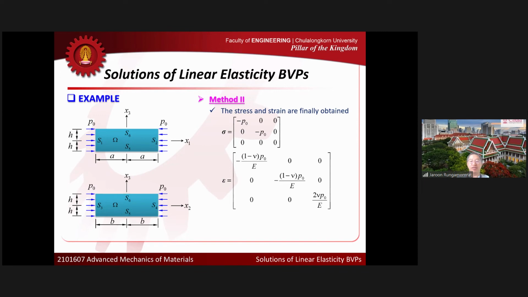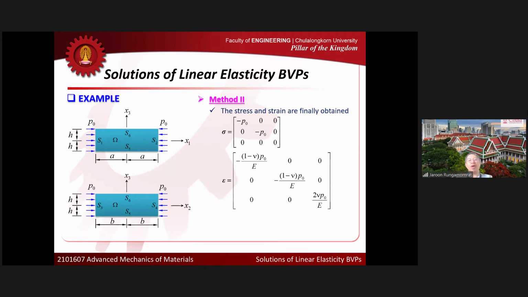So I will not say that the first one or the second one is simpler. It's simply a matter of preference, right? Because you may have more intuition to guess the stress field, and some of you here may like guessing the displacement field.